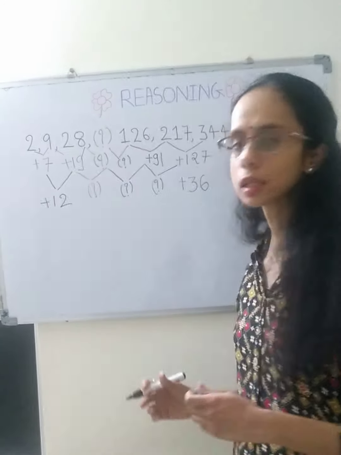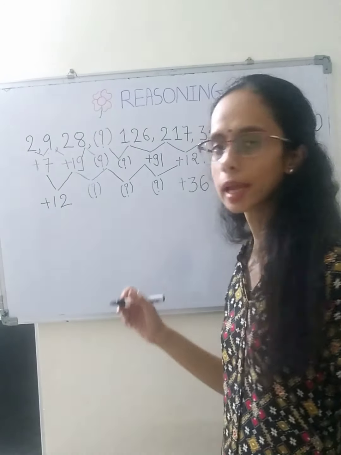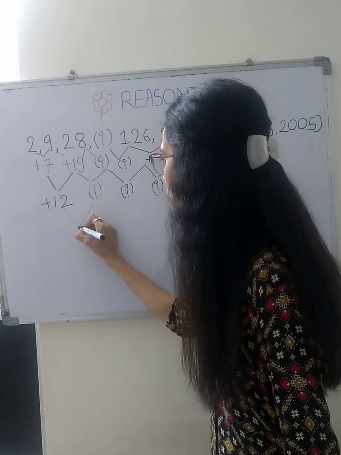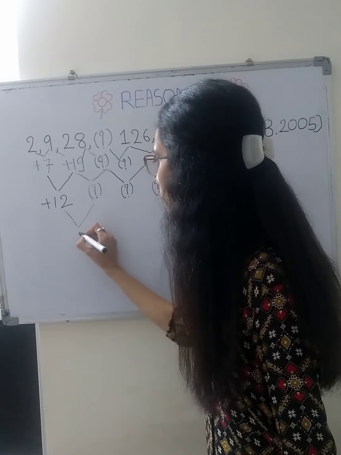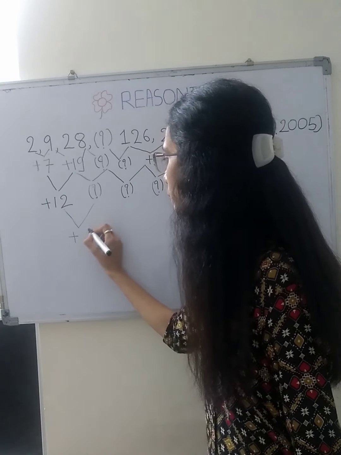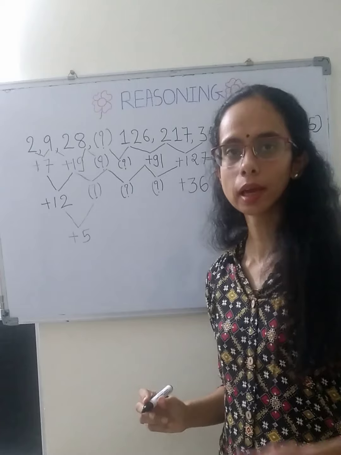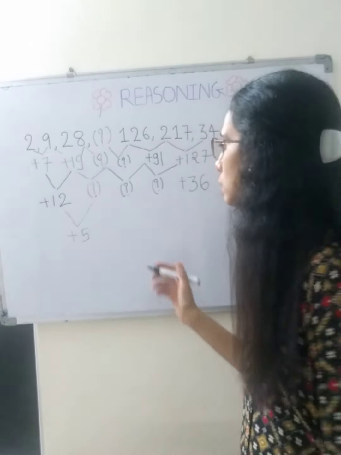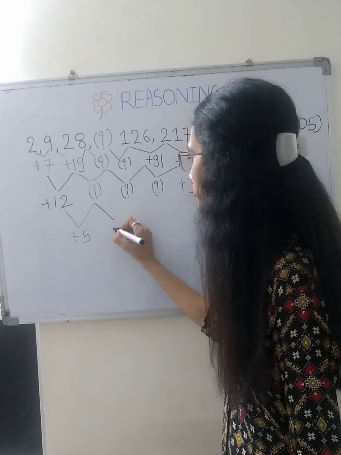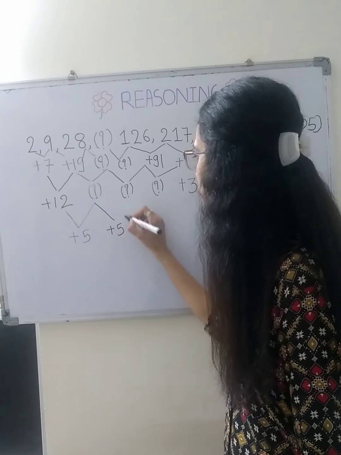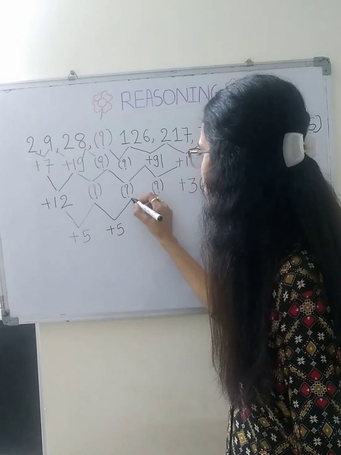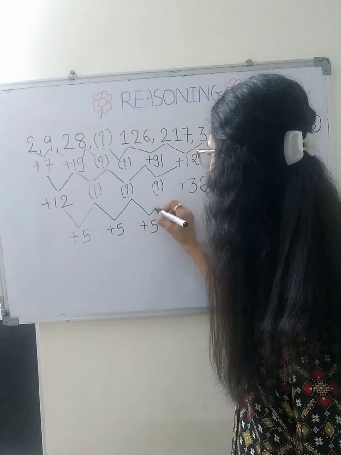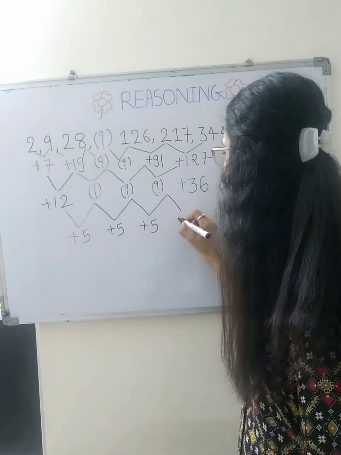Now let us start with plus 5. Let us take the difference 5 first. So plus 5, as we get a uniform difference in the last series of the triangular pattern. Here also plus 5, here also plus 5, and then again plus 5.